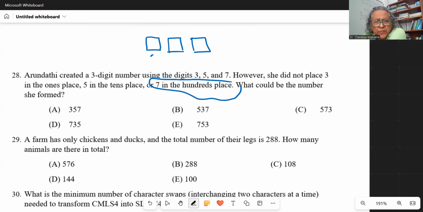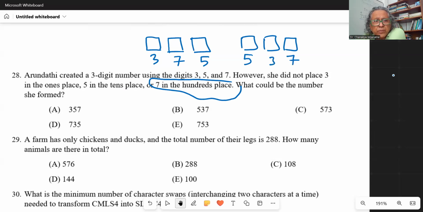It could be 3, right? If it is 3, then now 5 can't be in the tens place, so 5 has to be here, and then 7 has to be here, right? If we put 5 in the hundreds digit place, then we can't have 3 in the ones place. 3 has to be here, and 7 has to be here.